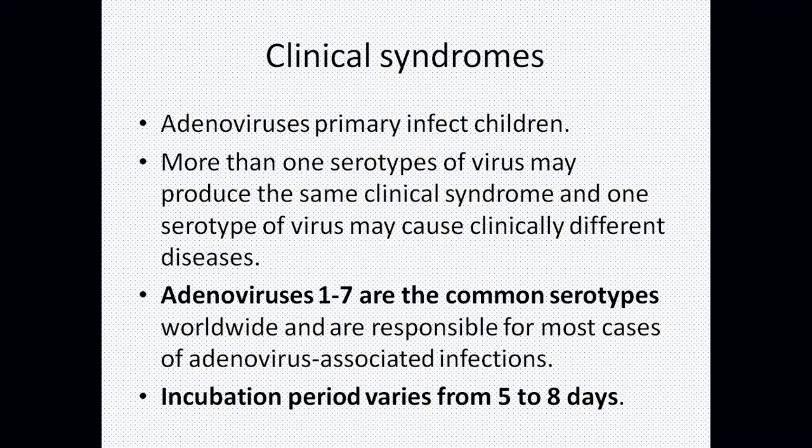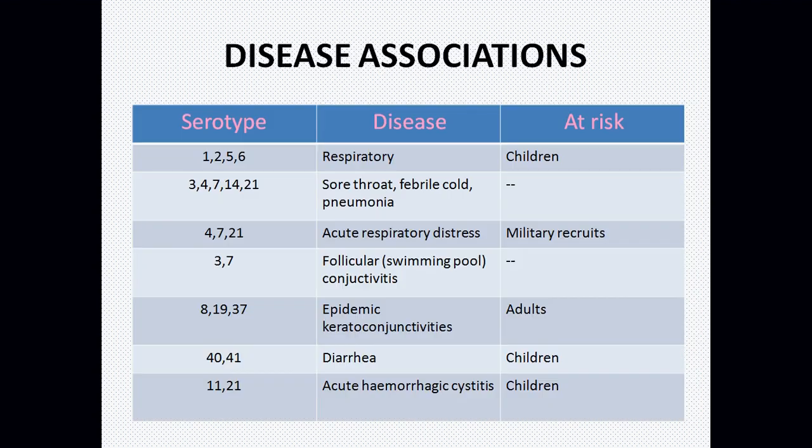One thing we have seen here is that particular serotypes cause particular diseases. This is not a golden rule, because more than one serotype of the virus may produce the same clinical syndrome, as we have seen previously. Also, the same serotype does not produce only the same disease.